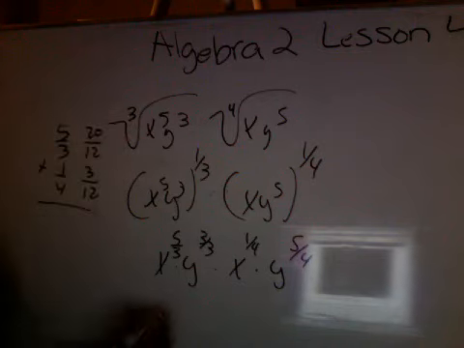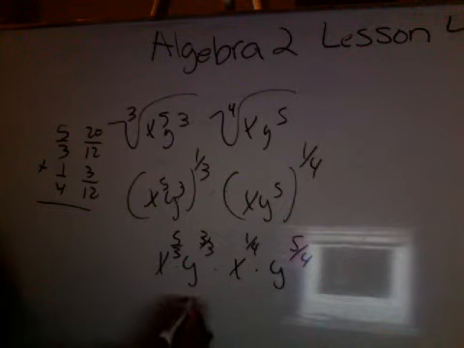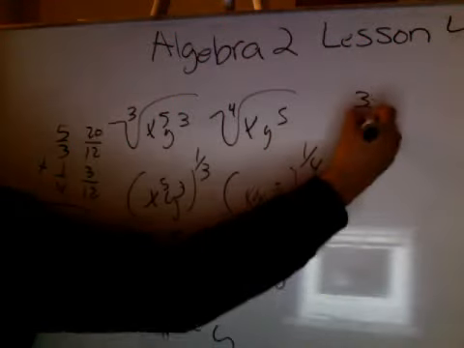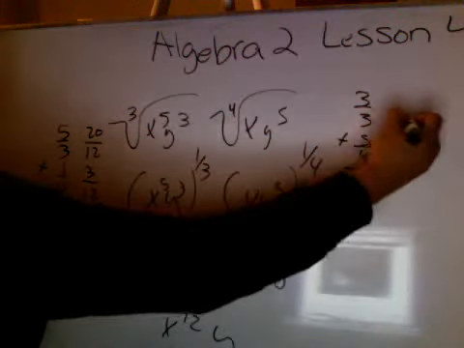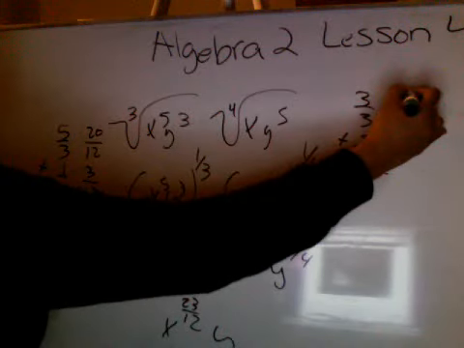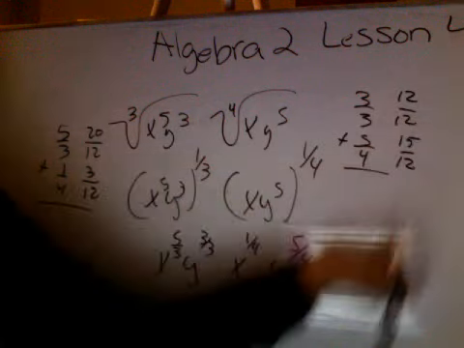So this becomes x to the 23/12, and this becomes y, so you have 3/3 plus 5/4, which, 12 is your denominator, yes.